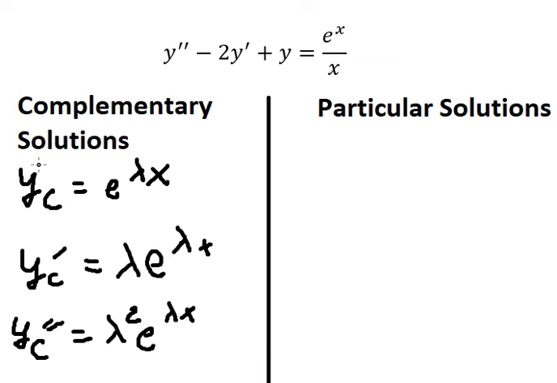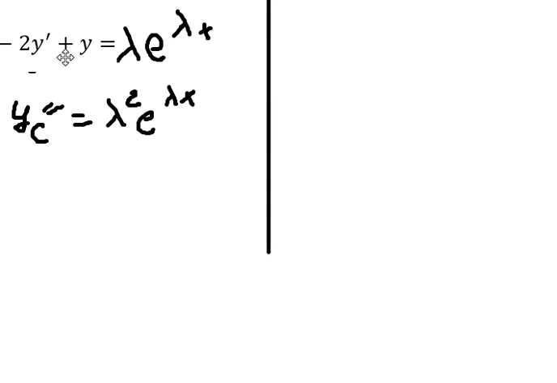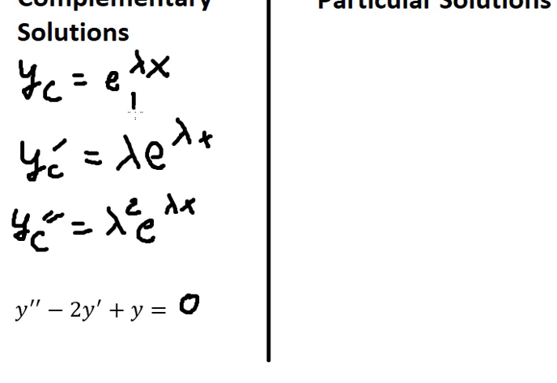Because this is about complementary solutions, we need to set this equal to 0. So I will drop this one here, this one here, and this one here.